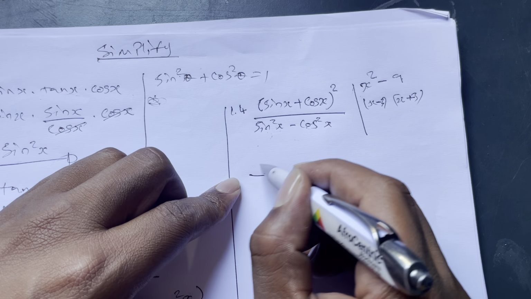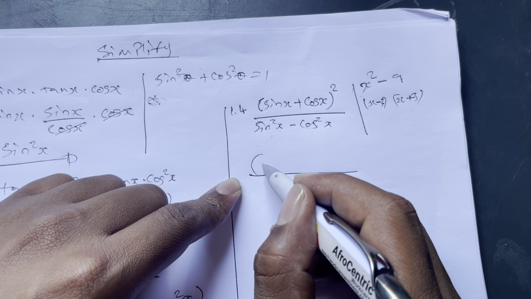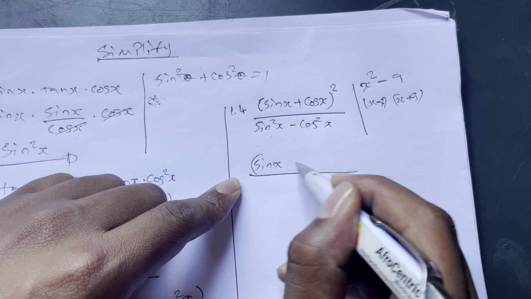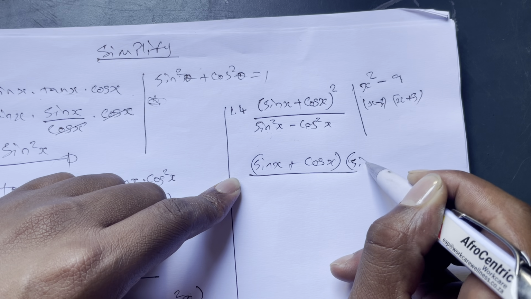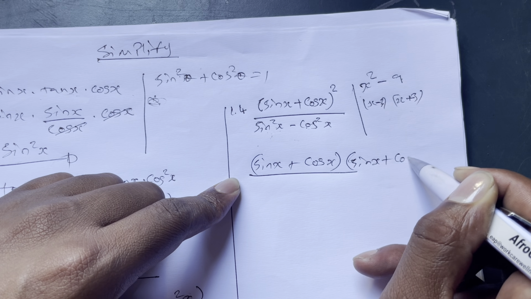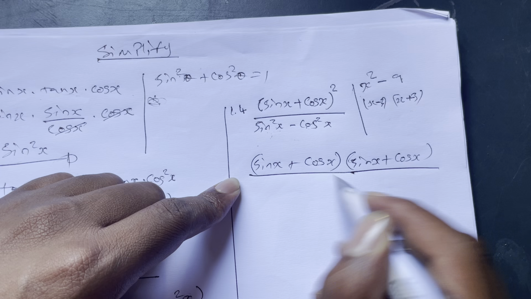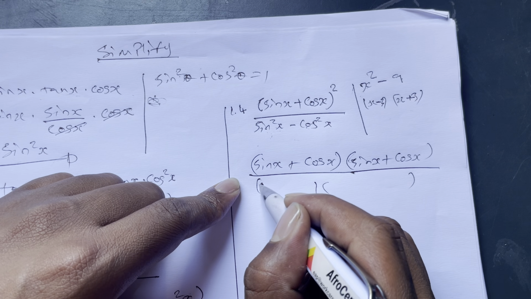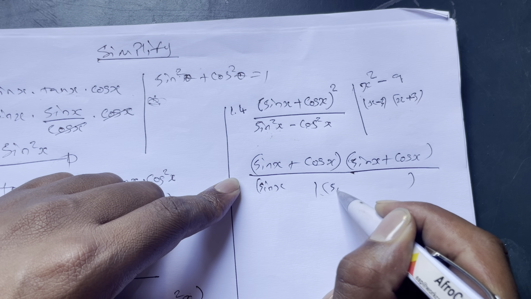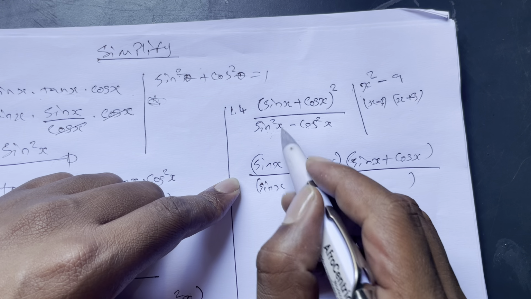So on top you are going to expand that by saying sine x plus cos x into sine x plus cos x, right? All over you have the difference of two squares here, sine x, right?